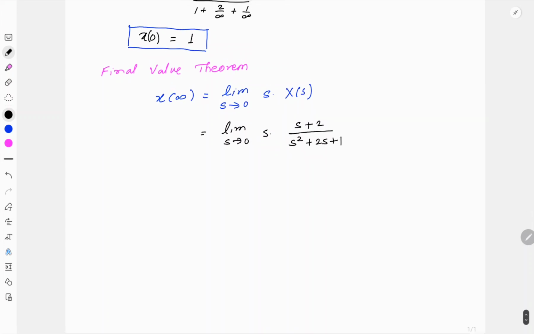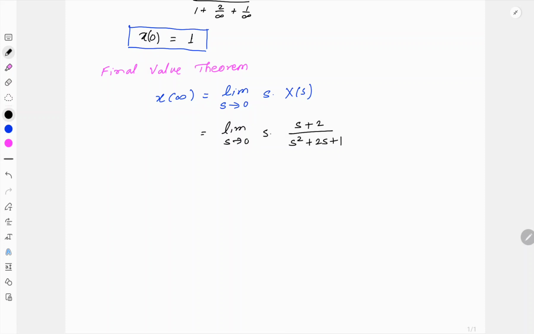Now whenever it is final value, our limit is tending to 0. So we should not rearrange the equation where we get a term like some constant upon 0 while taking s common. In this case, if we try to take s common from the denominator, we get 1 by s, and once we substitute the limit, 1 by 0 becomes undefined.